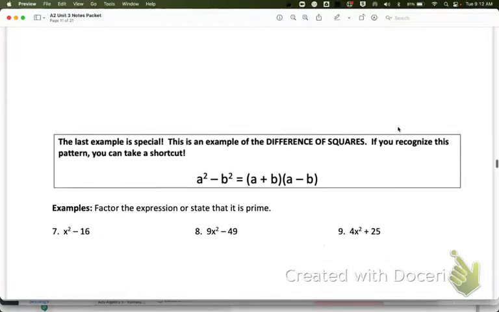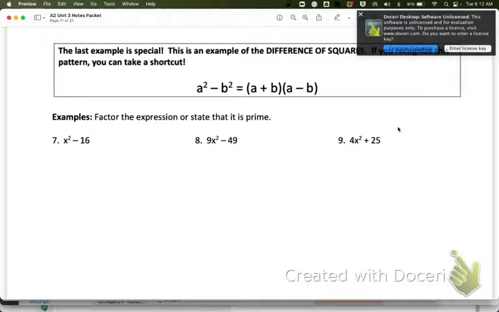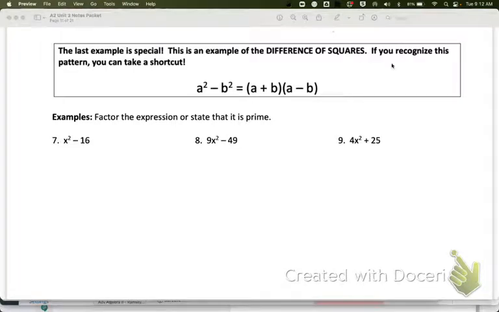If we recognize this pattern, we can take a shortcut in factoring. This special example is an example of the difference of 2 squares. So the difference of 2 squares factoring pattern is this. Whenever I have 2 perfect squares being subtracted, they will always factor to a plus b times a minus b.